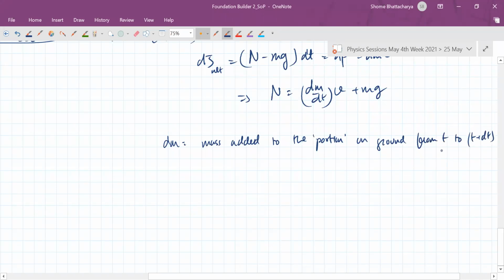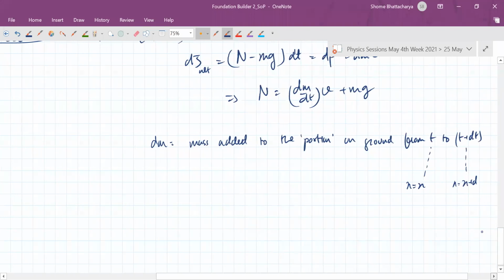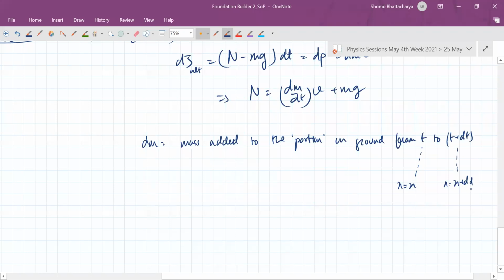At t equal to t, the length of the portion on the ground was x, but at t plus dt, the length became x plus dx. Therefore, how much mass was added? Lambda into dx. So between this time and this time, the mass getting added is lambda dx.